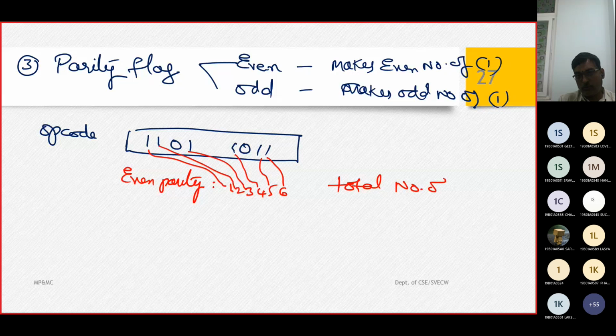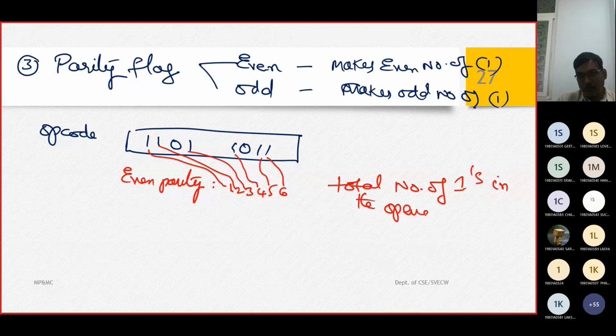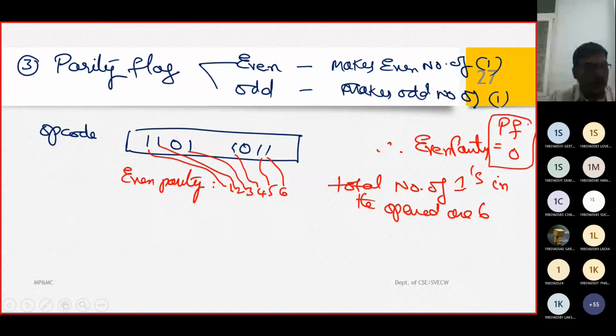The total number of ones in the operand is 6. Therefore, with even parity, PF is equal to 0.